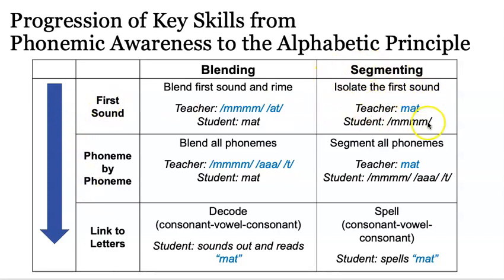Often the very first skill that we're going to teach in phonemic awareness is isolating the first sound in a spoken word. So if the teacher says mat, and asks the student, what's the first sound in mat? the student would be able to say, /m/. And then the opposite of that would be blending the first sound with the rest of the word. So if the teacher said, /m/ at, what's that word? The student would say mat.